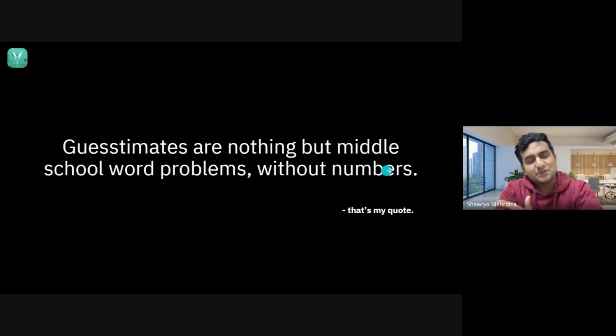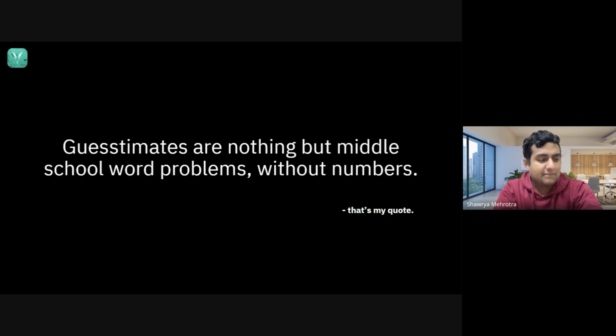The only difference between your typical middle school word problems and guesstimates is that there are no numbers provided to you in a guesstimate. You're supposed to input these numbers yourself, according to your understanding of the world. And as soon as you start looking at guesstimate questions this way, you would start feeling a lot more confident about guesstimate questions in general.